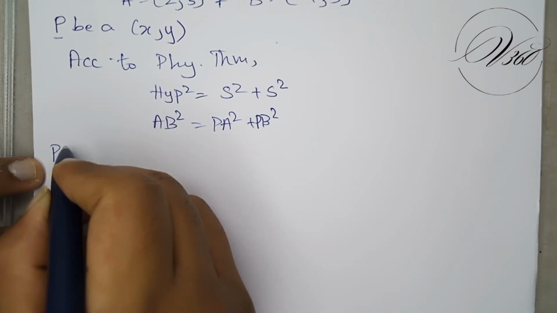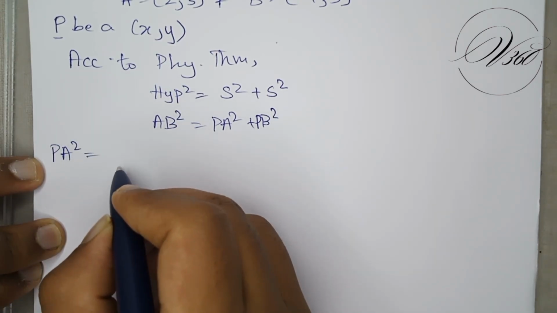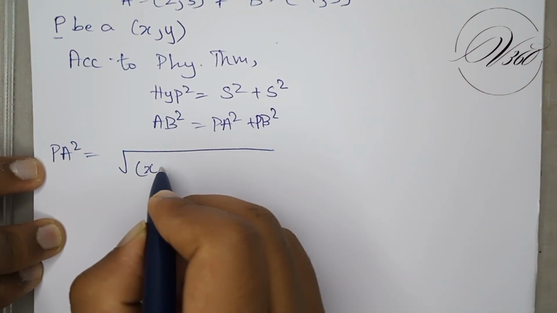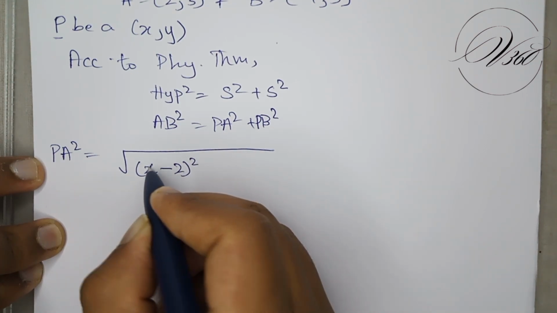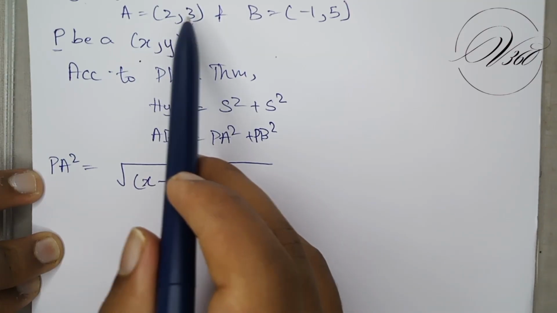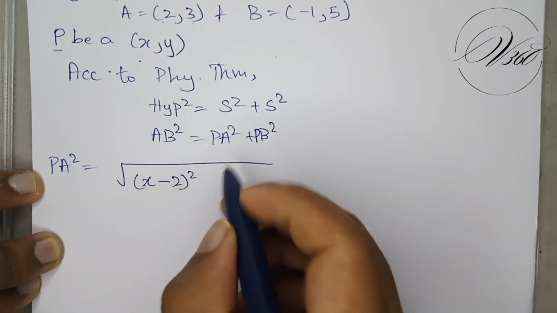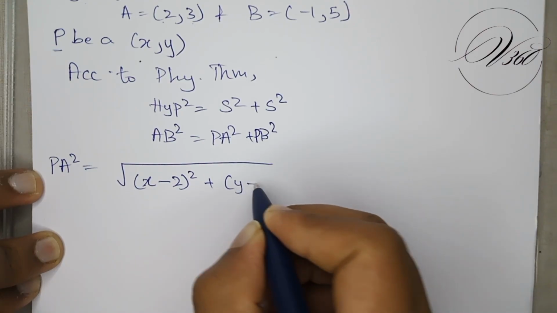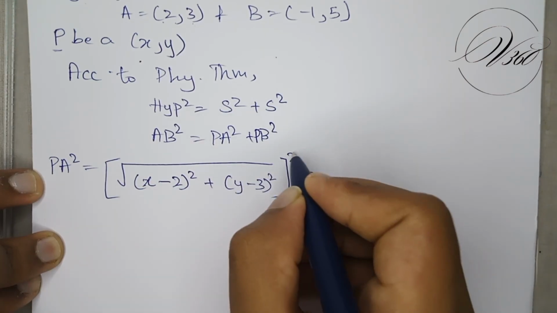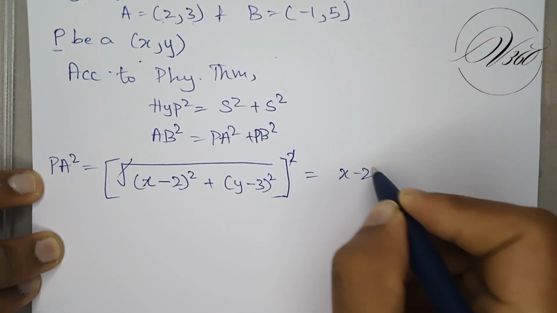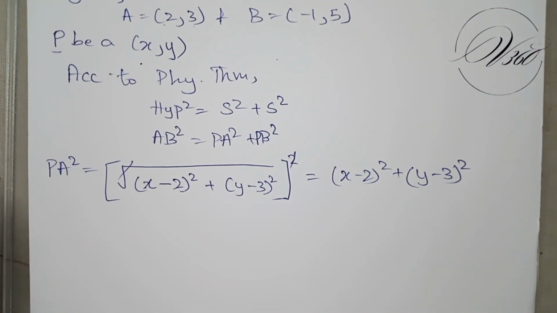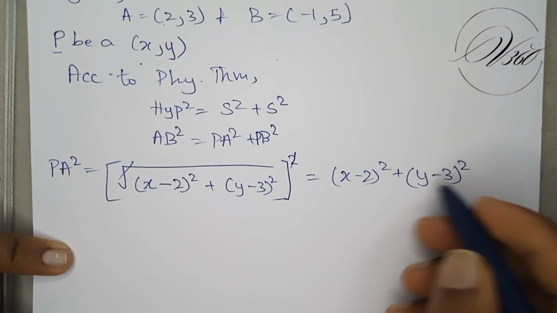PA square means under root x plus x minus 2 whole square. Here x1, y1, and A is (2, 3), which is x2, y2. Now here plus y minus 3 whole square, which is under a square. Now squares and roots get cancelled. Now we will get x minus 2 whole square plus y minus 3 whole square. Now we will use the (a minus b) whole square formula for both.